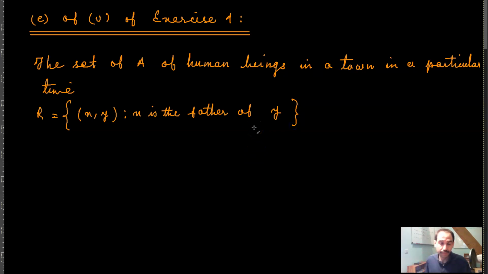Now, in order to find out whether R is reflexive, x comma x would mean that x is the father of himself.